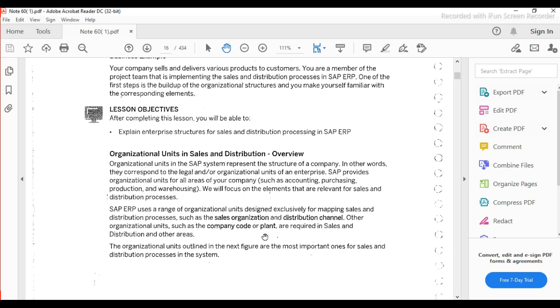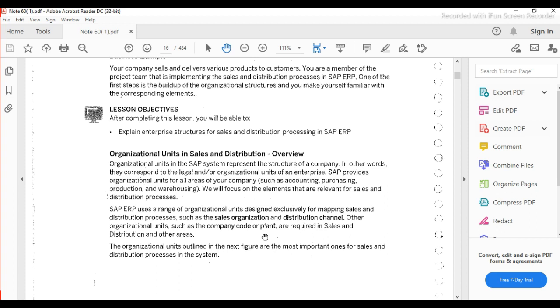This is the second point. Even without enterprise structure you cannot generate any report. We have various reports, such as sales reports, financial reports, inventory reports, and material reports, in the SAP system. Without the org unit enterprise structure setup we cannot generate any kind of report. This is the importance and significance of enterprise structures.